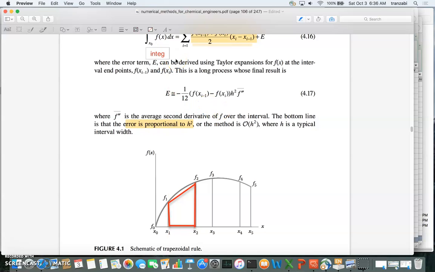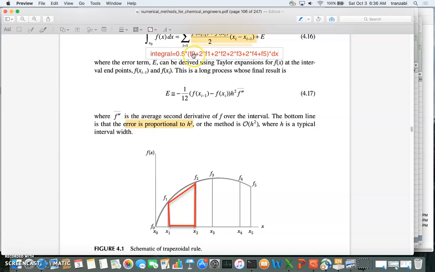So the integral is going to be 1/2 times the first point, which is f0, plus 2 times the second point, plus 2 times the third point, and so forth, plus 2 times f4. Well, actually, in this case, it would be 2 times f4, and then plus f5, and then times delta x.